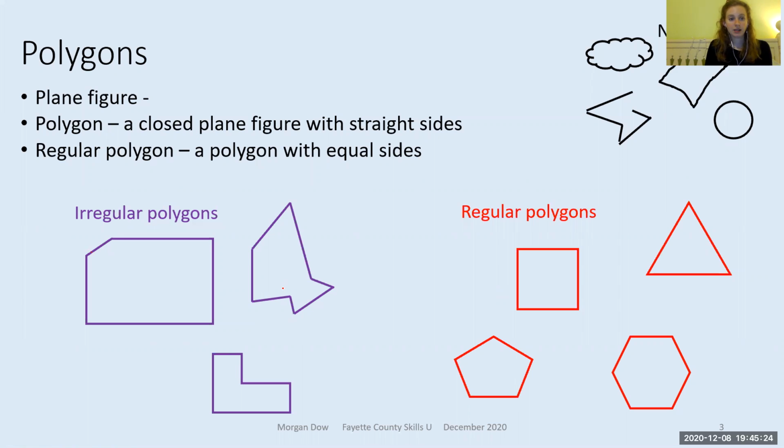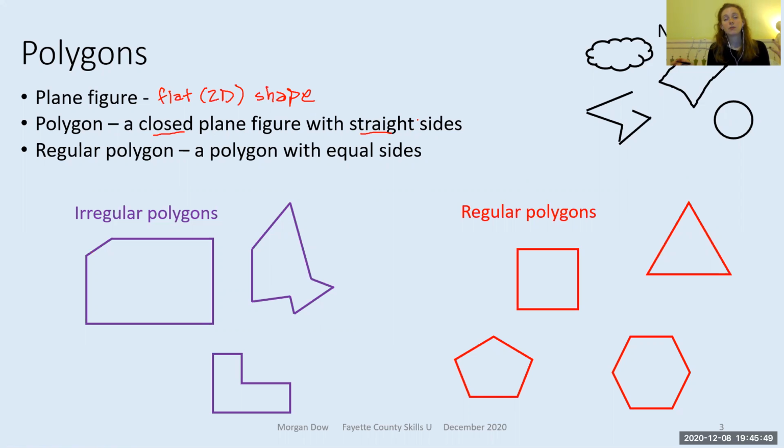So let's start with polygons. Last week, we started talking about plane figures. And we want to remember that a plane figure just means a flat or a two-dimensional shape. And a polygon is a type of plane figure. Some of the shapes we talked about last week are polygons. A polygon is a closed plane figure with straight sides.